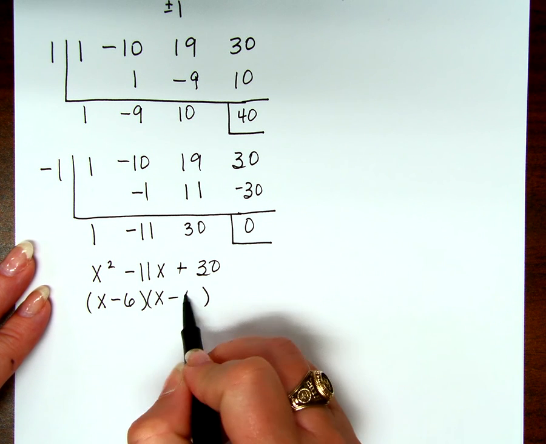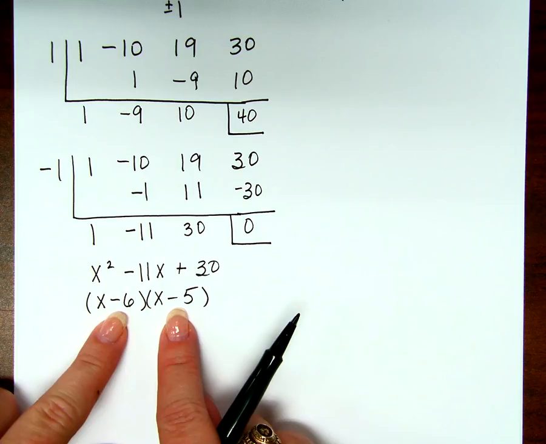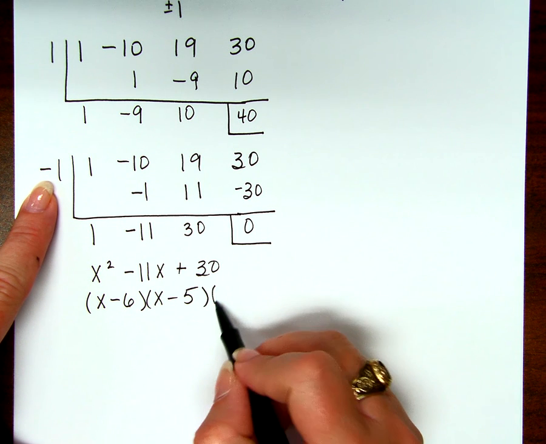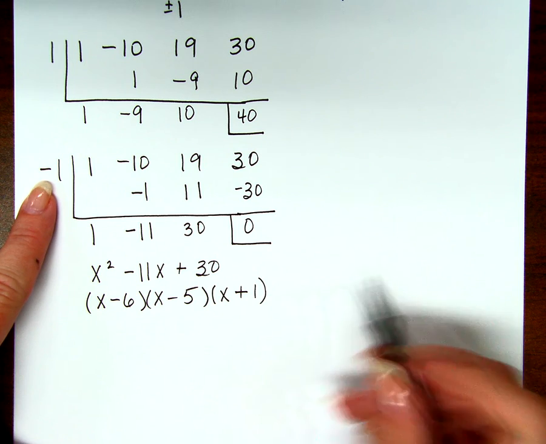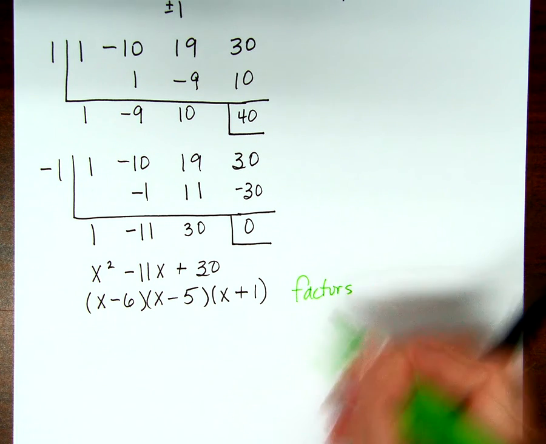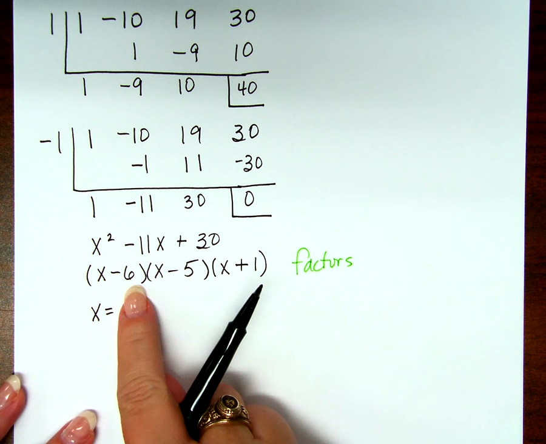Negative 6 and negative 5? Well, there's 2 of my factors. What's my other one? X what? Plus 1. Here's my factors. What about my zeros? How do we get the zeros again?